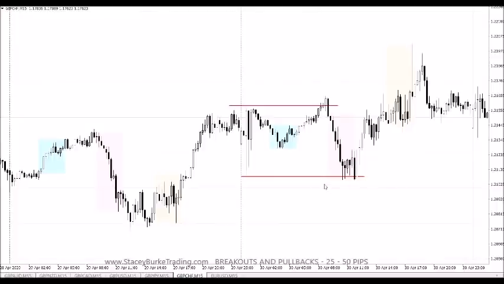And so if traders were looking to get in at that 50 pip box below, the market did not allow us to get that, but it gave us an engulfment at the 25 pip box level and a pin hammer.